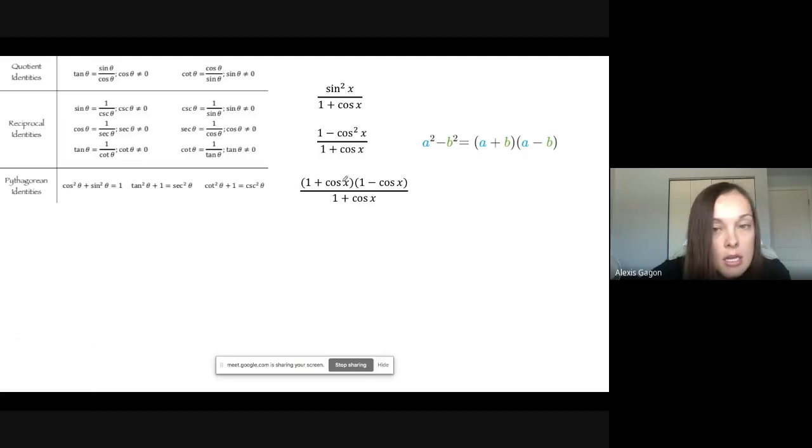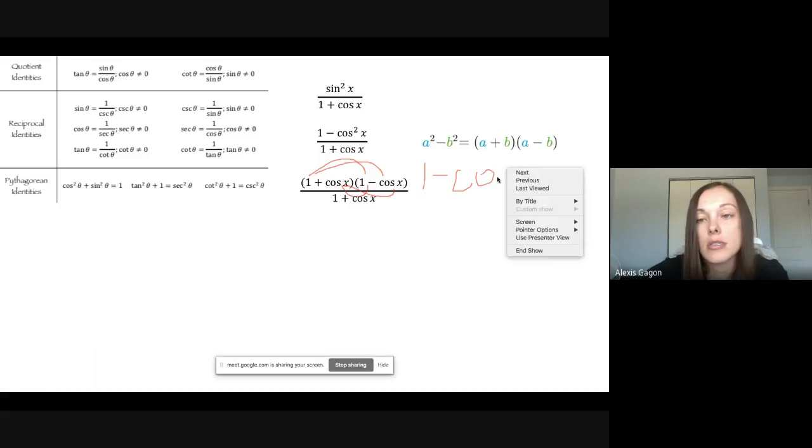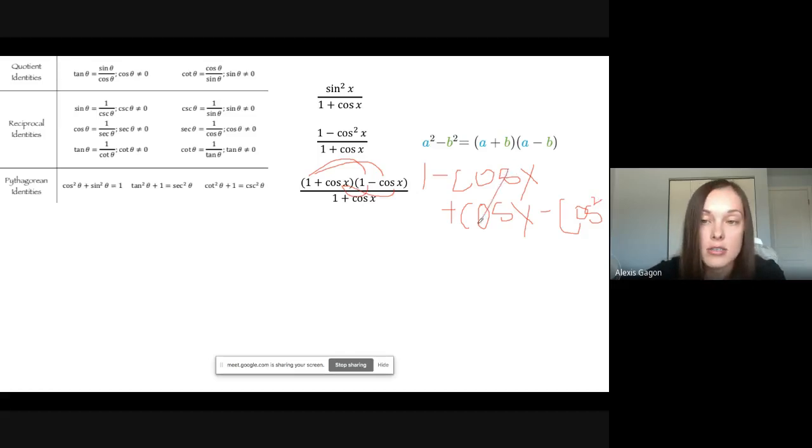If you multiplied this part out, you're going to end up with 1 minus cosine of x plus cosine of x, and then minus cosine squared. You get it. So then these cancel, and we're left back where we started here.